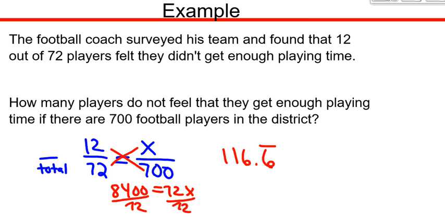Except I can't have 0.6 repeating of a player. So I have to round that. I'm going to round that up, because 0.6 is bigger than 0.5. So I'm going to say about 117 players feel like they don't get enough playing time. Approximate.